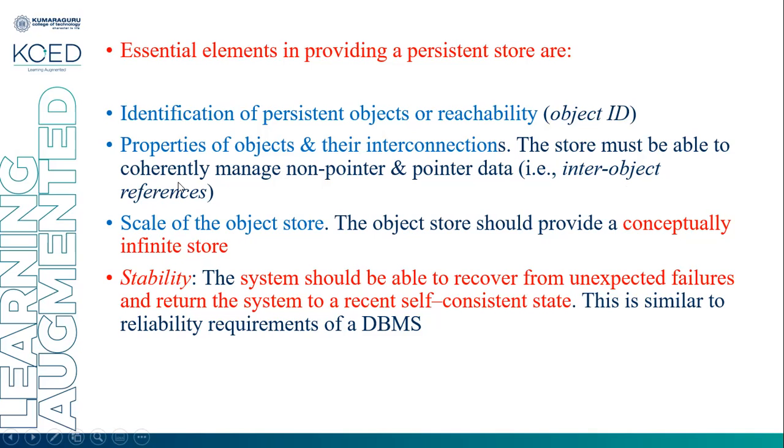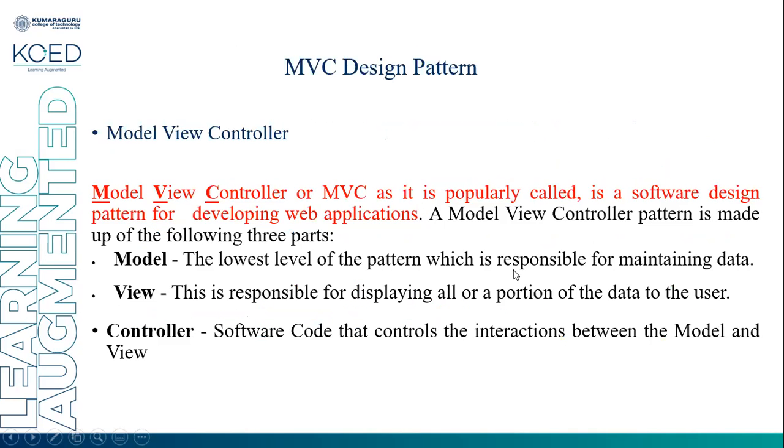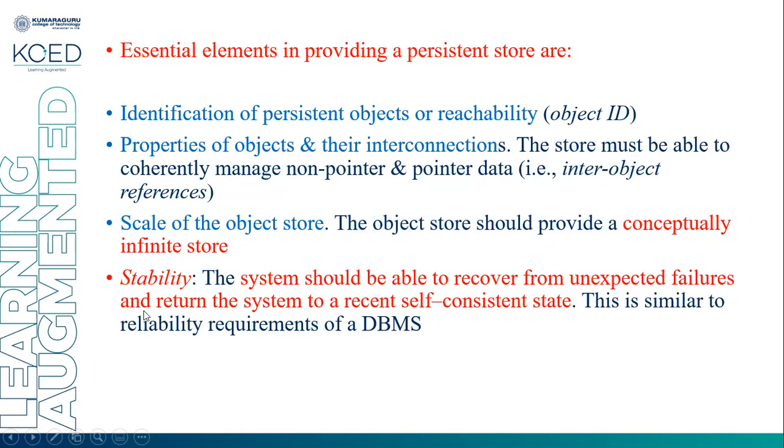That is intra-object references. Third is the scale of the object store. The object store should provide a conceptually infinite store. The next is stability: the system should be able to recover from unexpected failure and return to a recent self-consistent state.